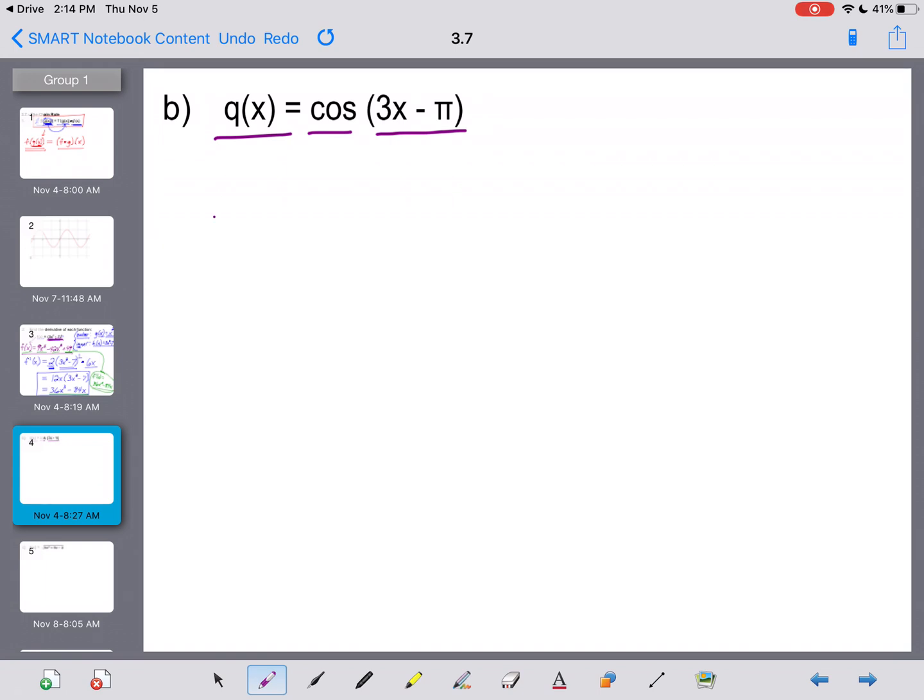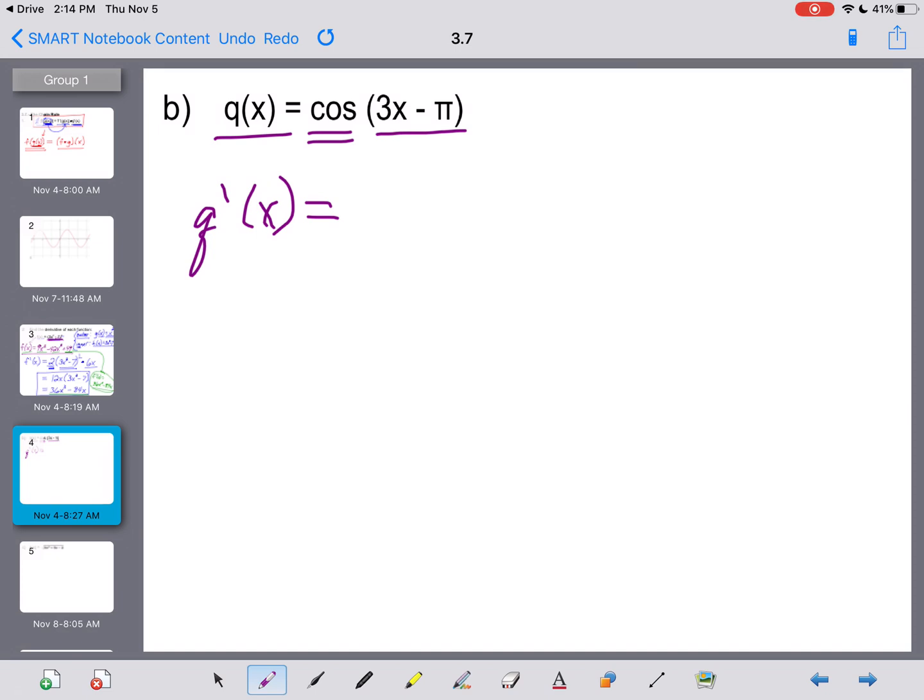So if that's q of x, we're going to write now q prime of x, the derivative of q, and here we go. We start off always by taking the derivative of the outer function, while leaving the inner function alone. So the outer function is cosine. So what you should be asking yourself in these exact words is, what is the derivative of cosine of any angle?